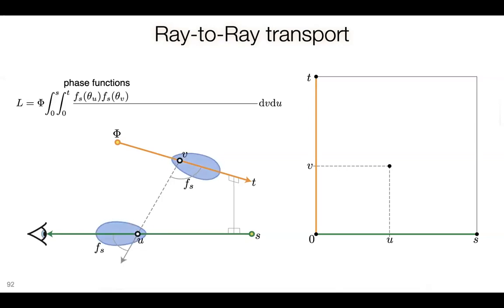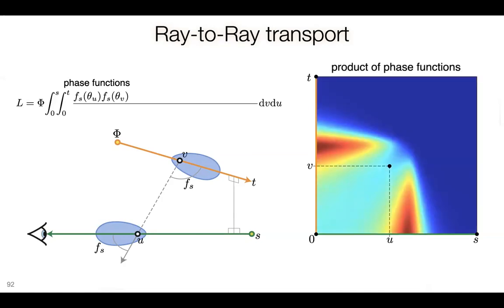Now, one thing we can start by looking at is the phase functions at each of these two locations. At u and v, we look at the corresponding phase functions, denoted as f of s and theta of u and theta of v. Let's assume for this illustration that the product of the phase functions at both points u and v looks like that, where red means very high value and blue is zero.